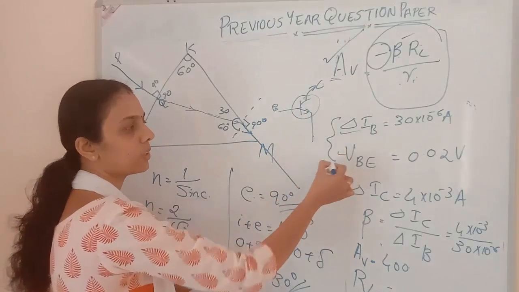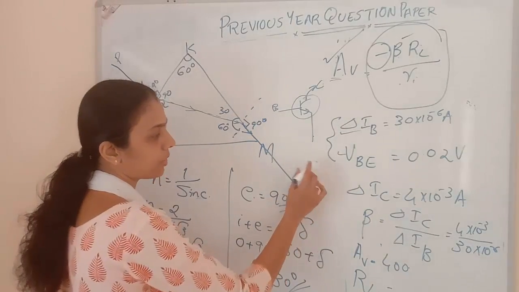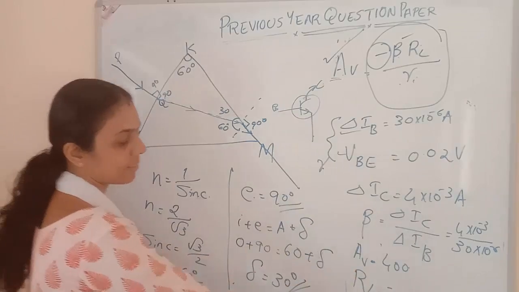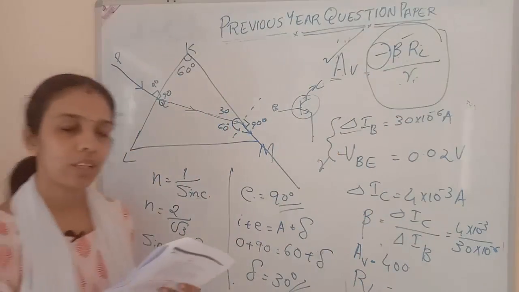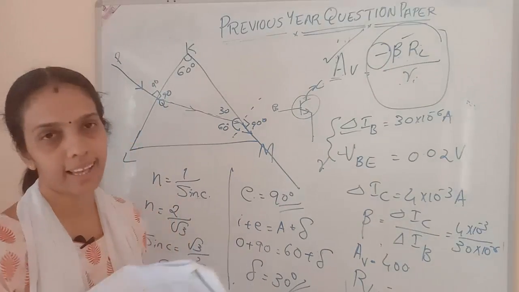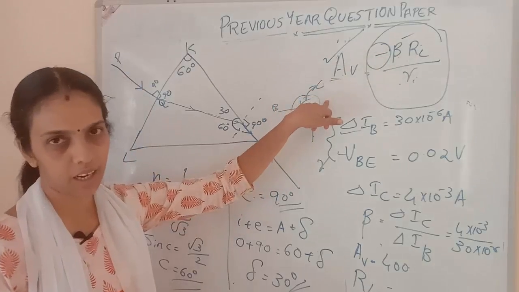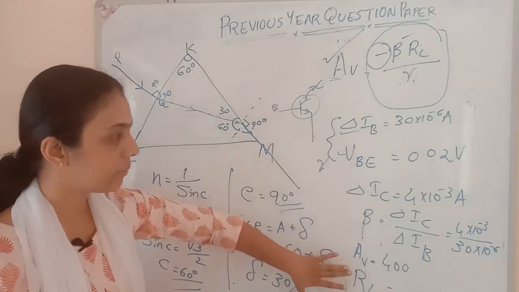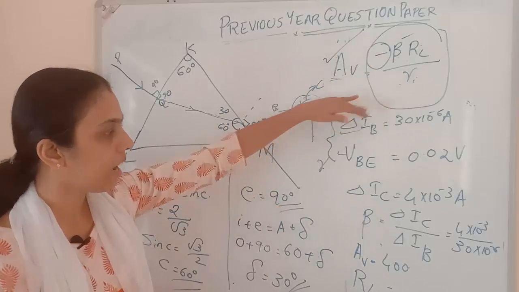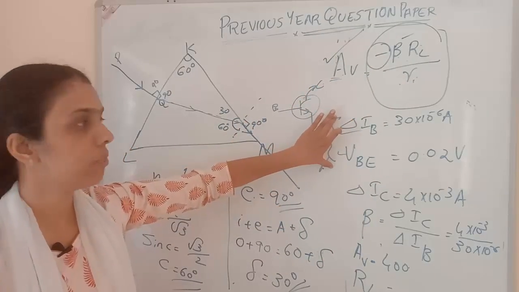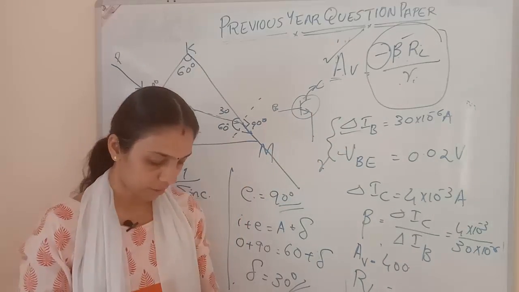Using this voltage and current, find the input resistance Ri, and substitute it here to find the value of RL. Load resistance RL equals AV into Ri divided by beta. Here AV is given in the question, beta we found, and Ri you will get from V equals IR. Using that formula you can find it. Can you do that?